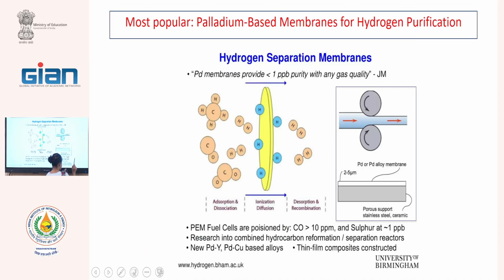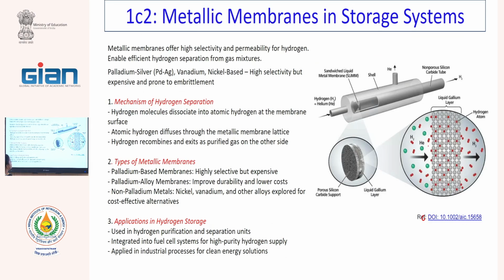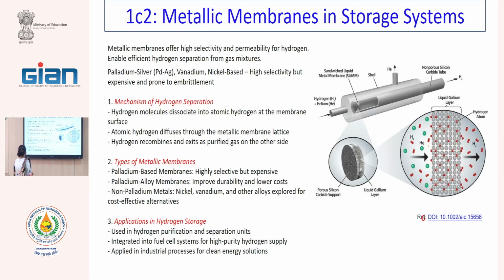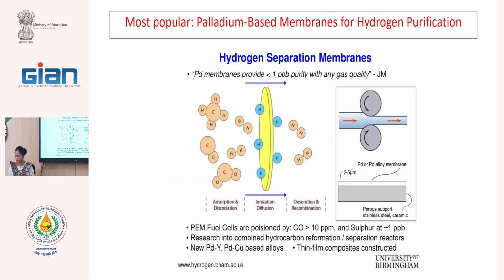The molecular form is divided into the atomistic form, and on the other side it goes again to the molecular form to get hydrogen molecules. We can have palladium or palladium alloy to reduce the cost of the system, or non-palladium metals like nickel, vanadium, etc. They can also be used for this type of operation.